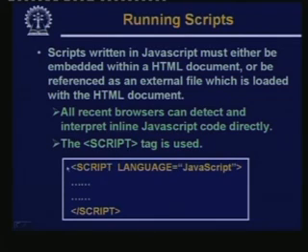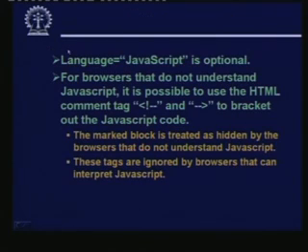The tag begins with script with an optional parameter called language. If you do not use this language equal to JavaScript, then by default the browser will take it to be a JavaScript code, followed by any number of lines of JavaScript code, followed by the end script tag. As I said, the language JavaScript is optional.